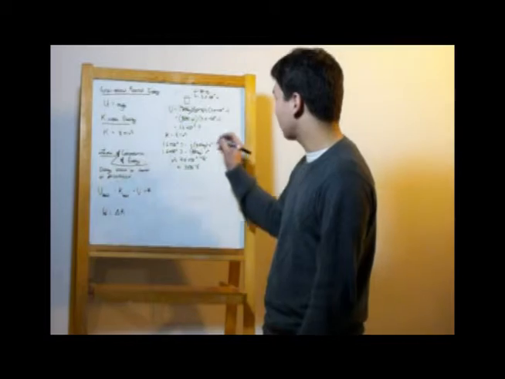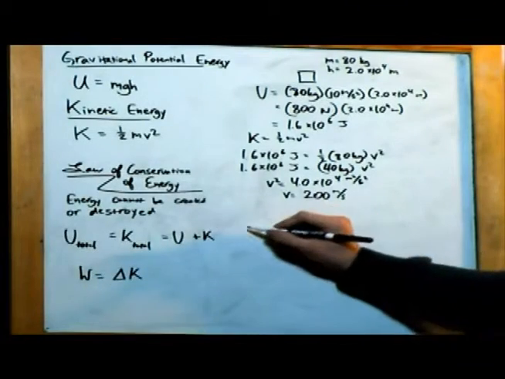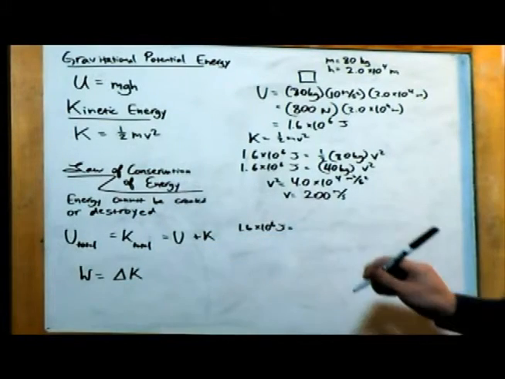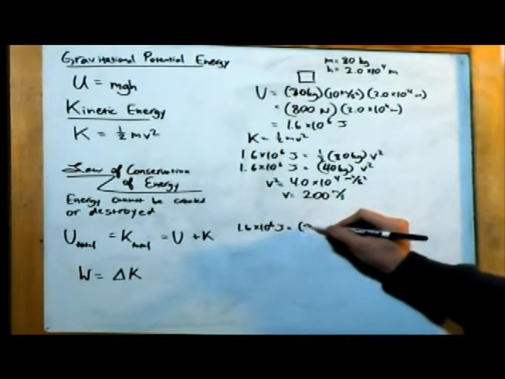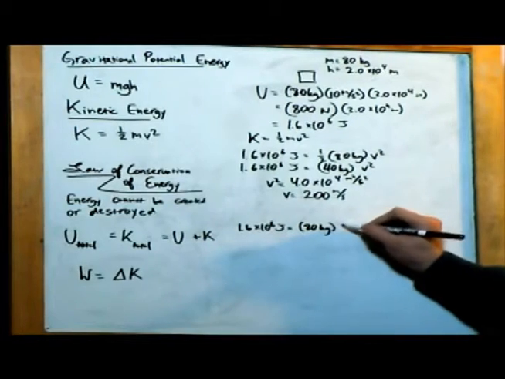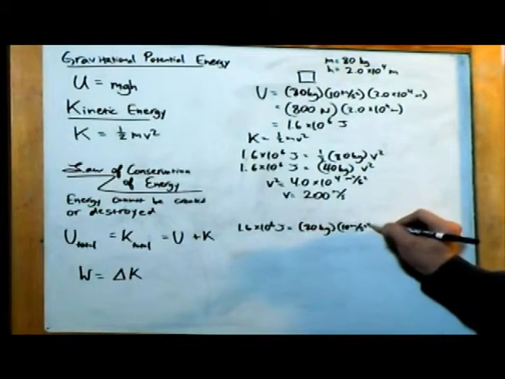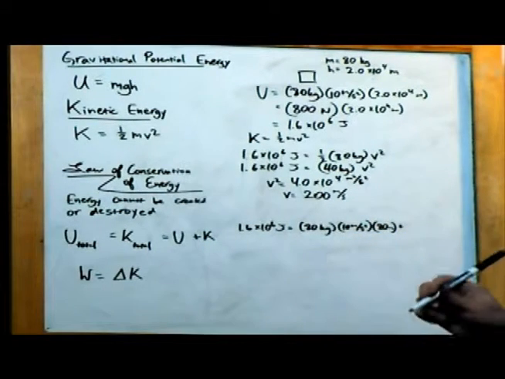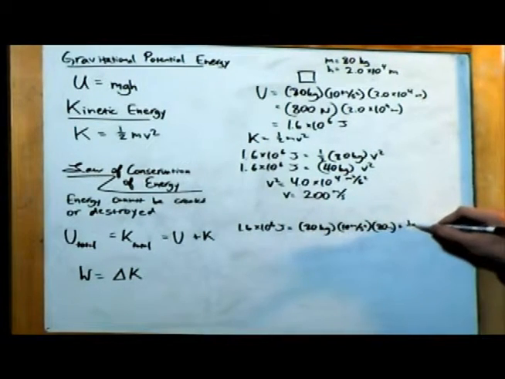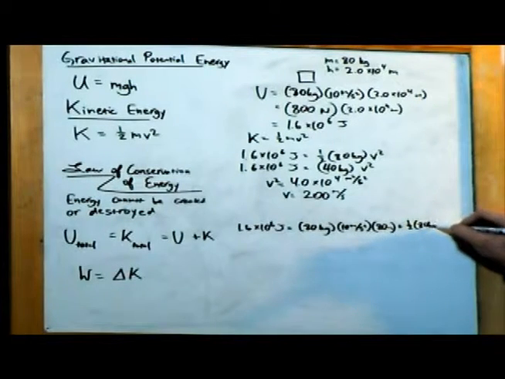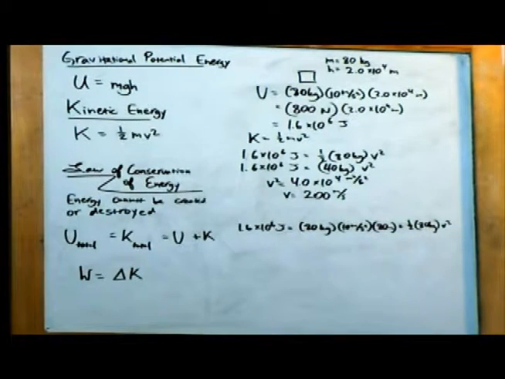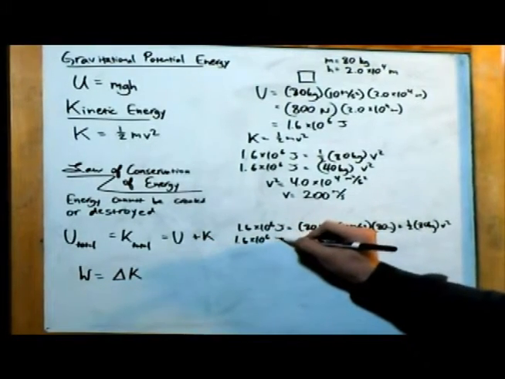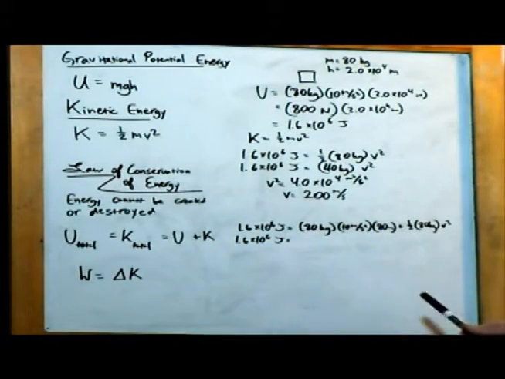In this case, we have our total energy, 1.6 times 10 to the 6 joules, equals our gravitational potential energy, mass, 80 kilograms, gravitational acceleration, 10 meters per second squared, height, only 80 meters from the ground, plus our kinetic energy, 1/2 mv squared, 1/2 times our mass of 80 kilograms, times our unknown velocity squared. Now we can get solid. So nothing happening on this side, boring, equals 80 times 10 times 80.